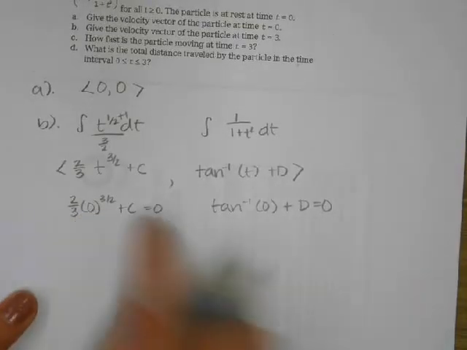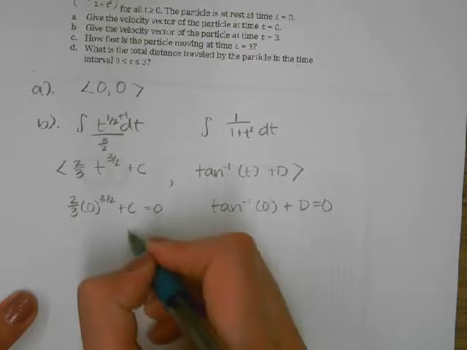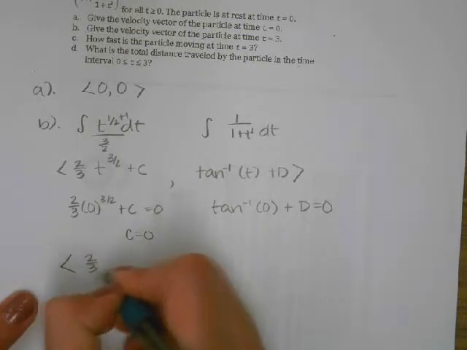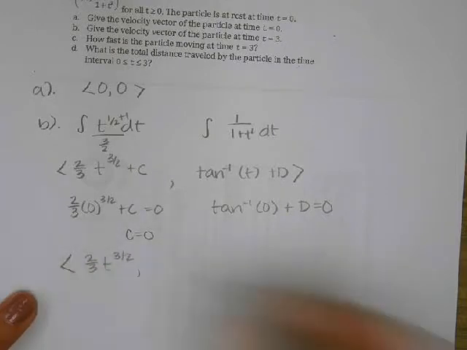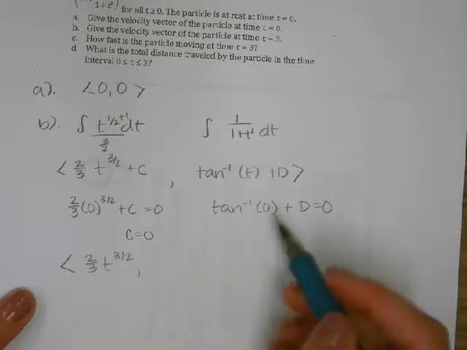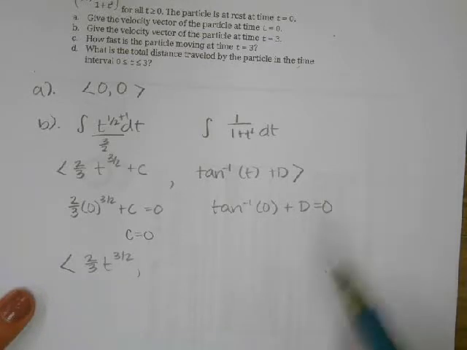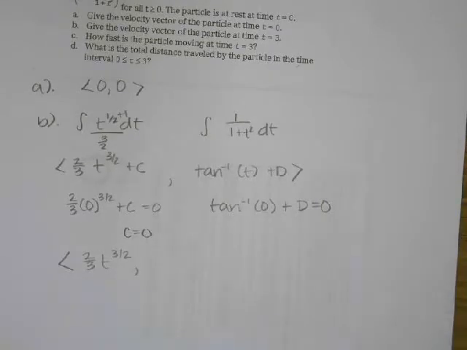So this one's pretty easy. That's nothing, so c equals 0. That means our velocity vector is 2/3 t to the 3/2 plus nothing. Over here, I had to think about what y divided by x was 0, and I knew that would only happen for the points (1, 0) and (-1, 0).